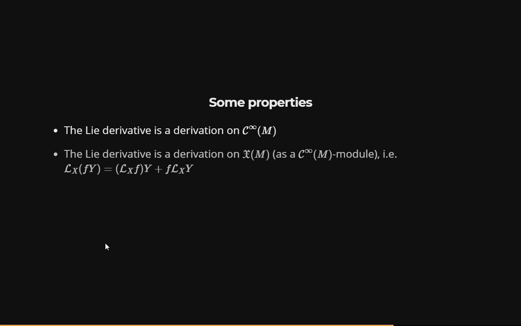Now, some properties of the Lie derivative. The Lie derivative is a derivation on the functions, because the Lie derivative is just applying a vector field to the function, so it's a derivation. It's a derivation also on the vector fields. Namely, if you apply it to scalar function times vector field, you end up taking the Lie derivative of f times y plus the Lie derivative of y times x, always along the same vector field.